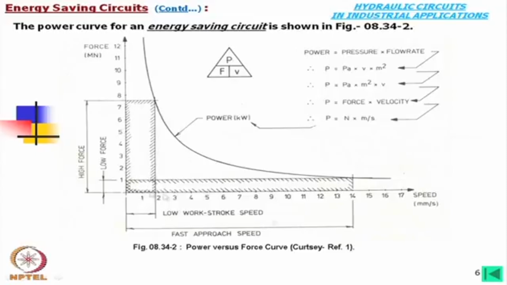On the other hand, this is very high speed, but low pressure. Then this power curve is like that. From there we find that in this system, if we use this force, we can go up to this speed. If we use this much force, we can go up to this speed.